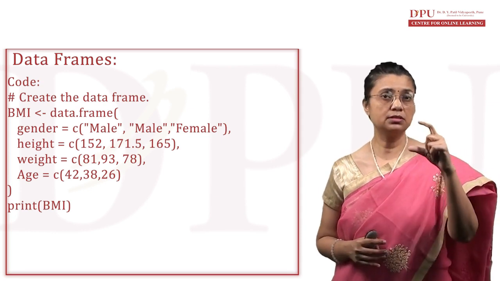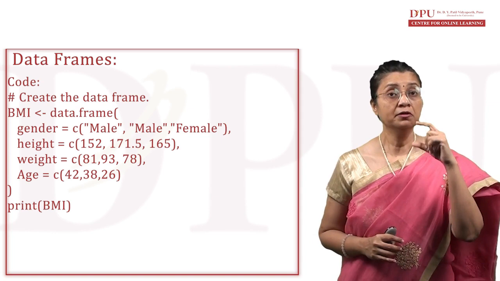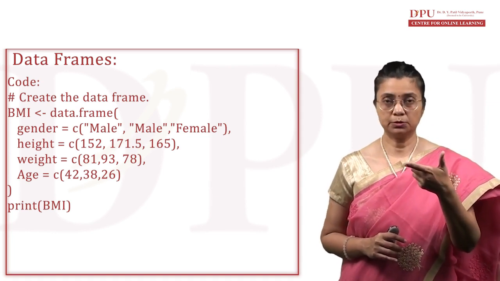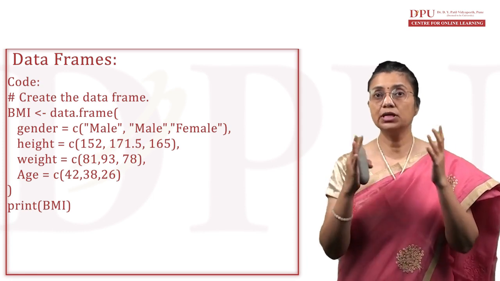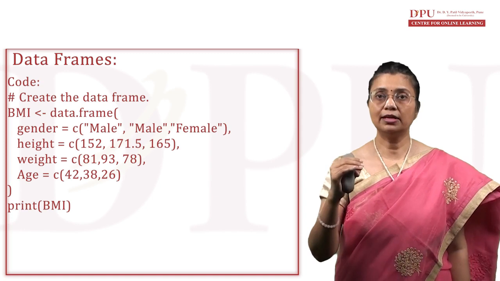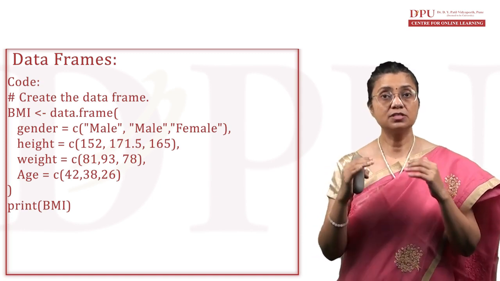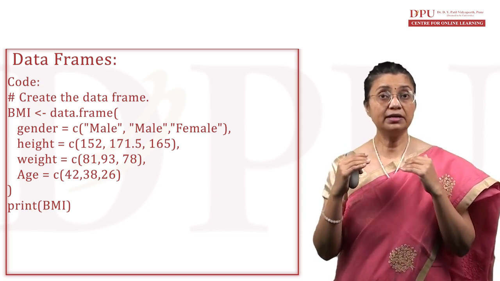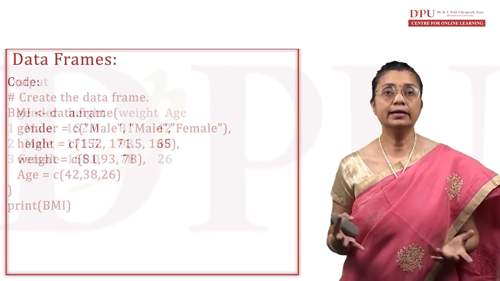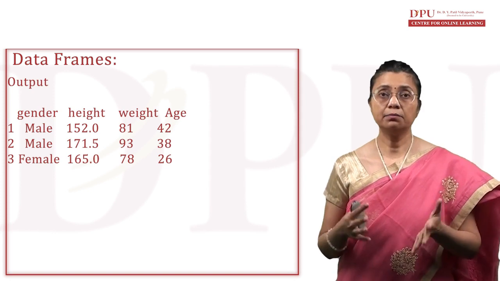So these are my 4 columns which I have created with the help of a list of vectors. And all the vectors are of equal length. So basically you can see for every column there are 3 values because we are entering this value for 3 different people, 3 different, you can say, citizens. And in the end it is again the same, print BMI.